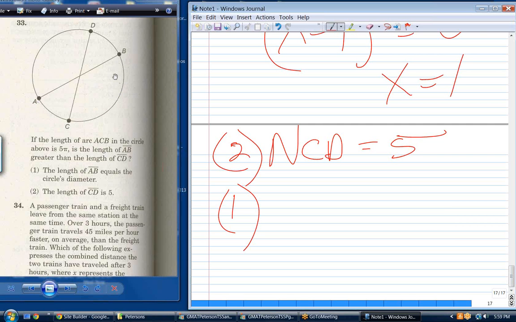Twice that, 10 pi. In other words, if AB is a diameter, then this is half the circumference. And they're telling us it's 5 pi, therefore the circumference would be 10 pi. And if I know the circumference, I can figure out the diameter. So that would tell me what AB is, but it doesn't say anything about CD. So 1 alone is a no.